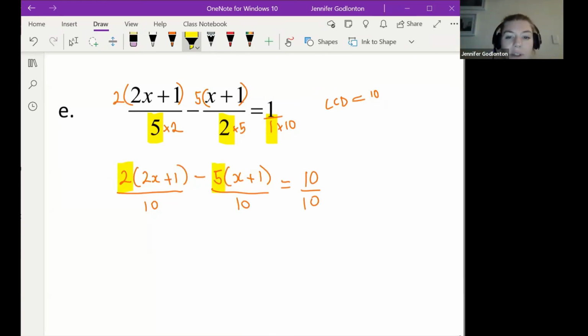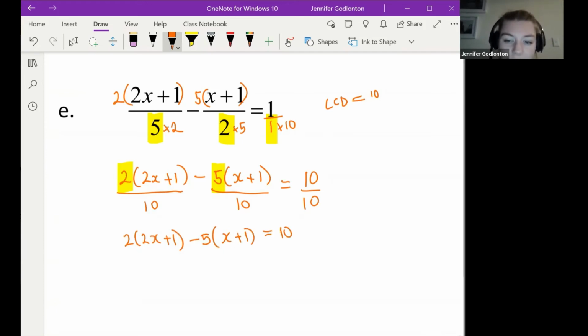The reason we do that is because otherwise our signs get really nasty. Next step, we do the same as before. We drop the denominator. So I'm going to have 2 times (2x plus 1) minus 5 times (x plus 1) is equal to 10. Now I'm going to do my distribution. I multiply that 2 in to get 4x plus 2, multiply in the negative 5 to get negative 5x minus 5, and that's equal to 10.